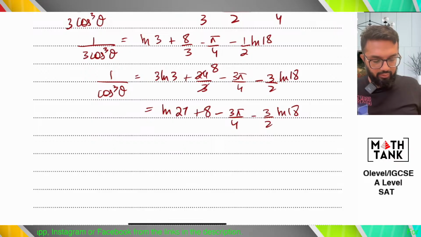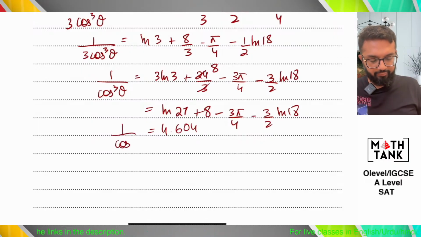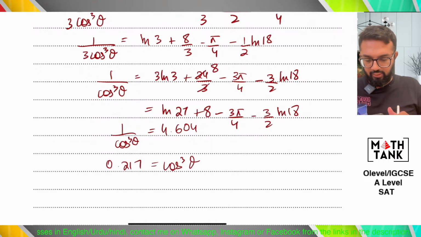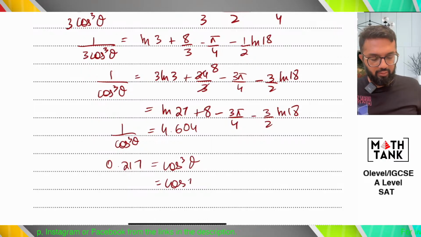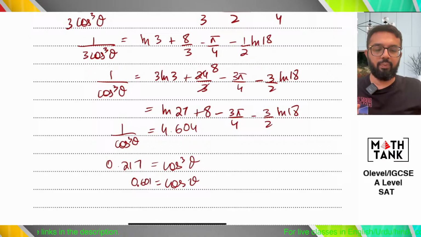Okay, so that's 4.604. 1 divided by answer. The cos cube theta is 0.217. Then a cube root of the answer, 0.601. So I've done it correctly, regardless of the fact that it's a little different from the marking scheme.